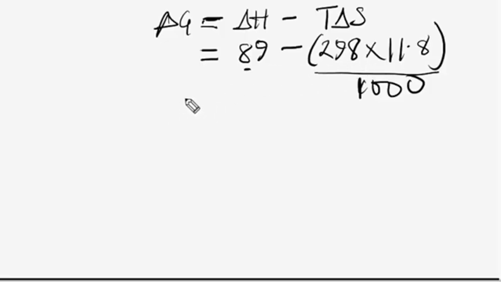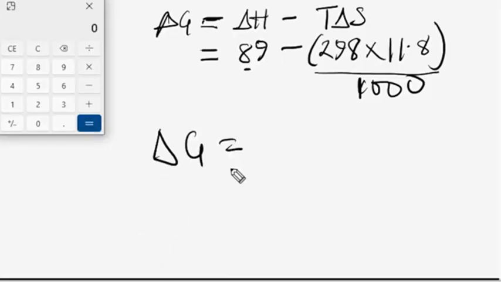So with this said, delta G will be, all right, at this point we'll need our calculator. So let's bring up our calculator here. We're going to have 89 minus, so this is 298 times 11.8.